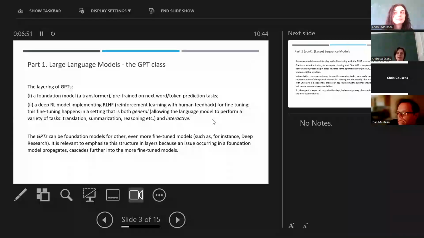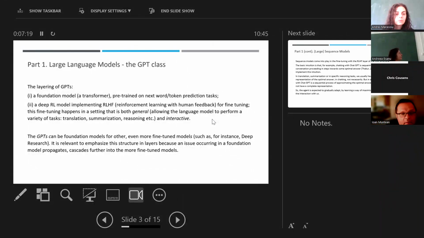The fact that the setting is interactive means that the same model is basically used both for prediction and for the generation of data. In other words, in an interactive setting like the usual chat box, the language model does both things. It predicts and also it acts based on its own predictions.